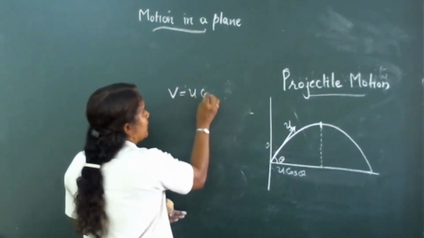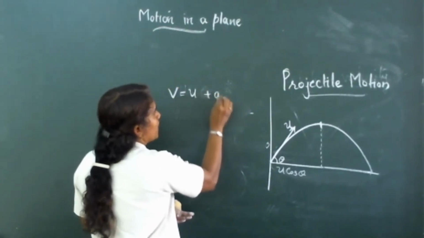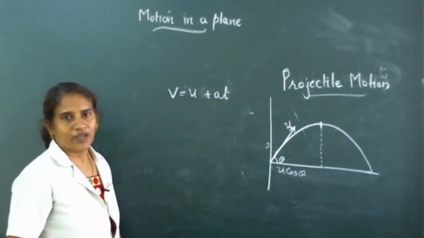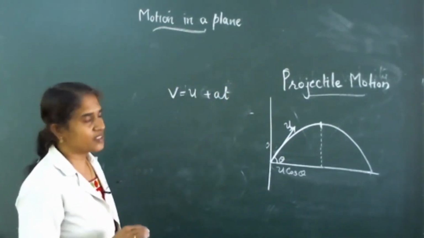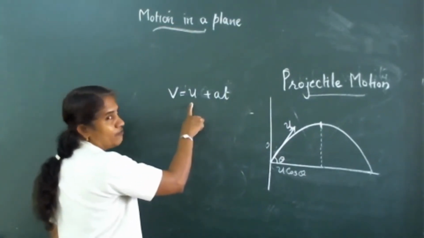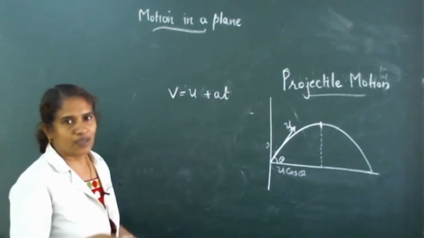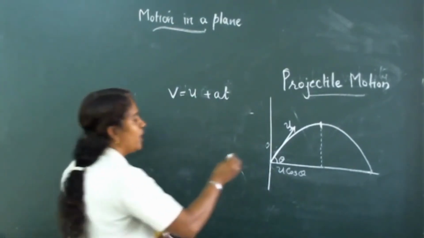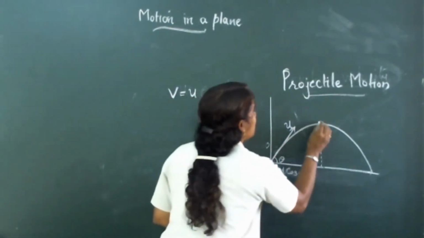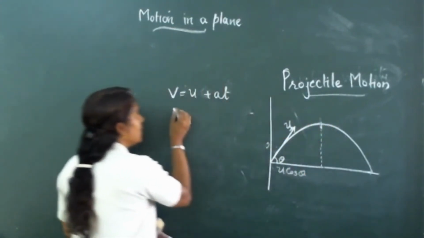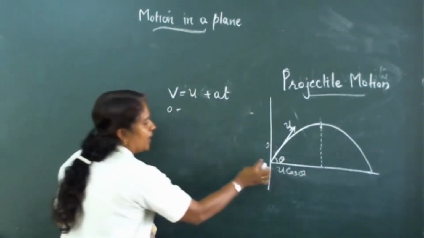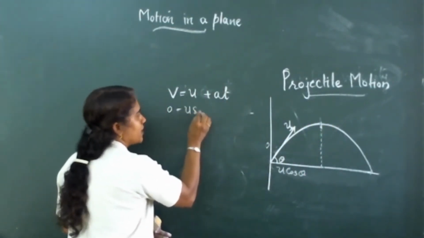We can adopt v equals u plus at. Velocity in y direction is equal to initial velocity in y direction, don't forget that, plus at. Substitute. When we are taking only the upward motion, final velocity will be 0. Initial velocity is u sin theta.